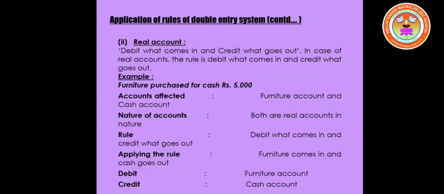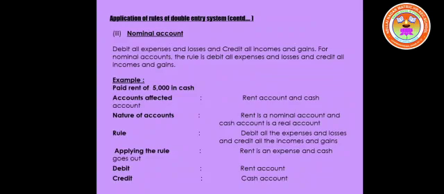So we have to debit what comes in. Furniture comes in, so furniture account must be debited. Credit what goes out. Cash goes out, so cash account must be credited. Furniture account debit to cash account. Do you understand?